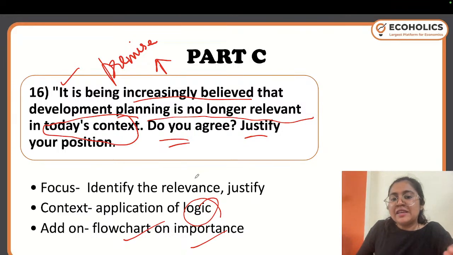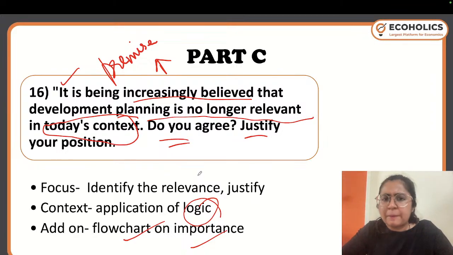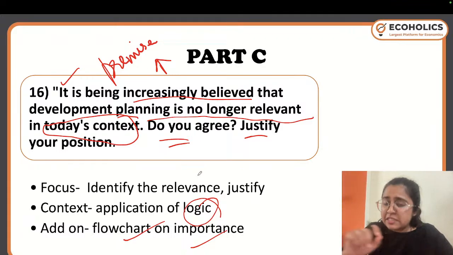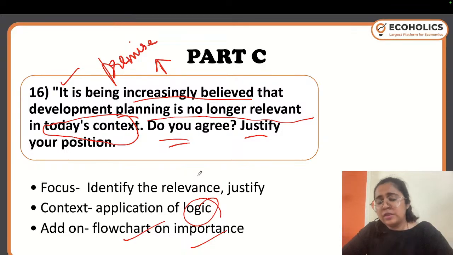So here, factual examples, factual things will be more appreciated. Appreciation will be given by the examiner if you write the justification of why you do not agree with this. While not agreeing with such a premise, you need to give your own opinion.